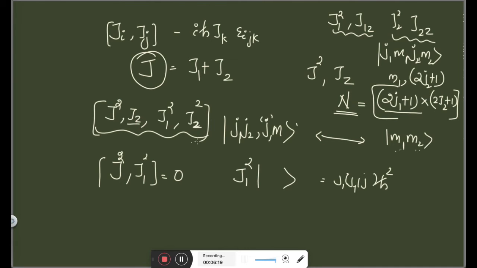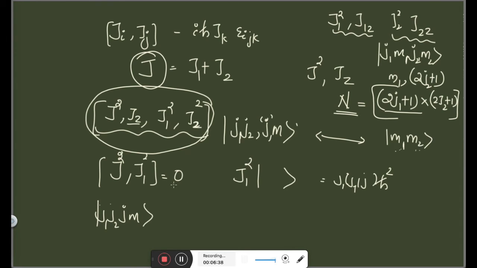So all these are mutually commuting, mutually compatible observables, and that is why you define the ket J1, J2, J, M as a simultaneous eigenket of J square, J set, J1 square and J2 square.